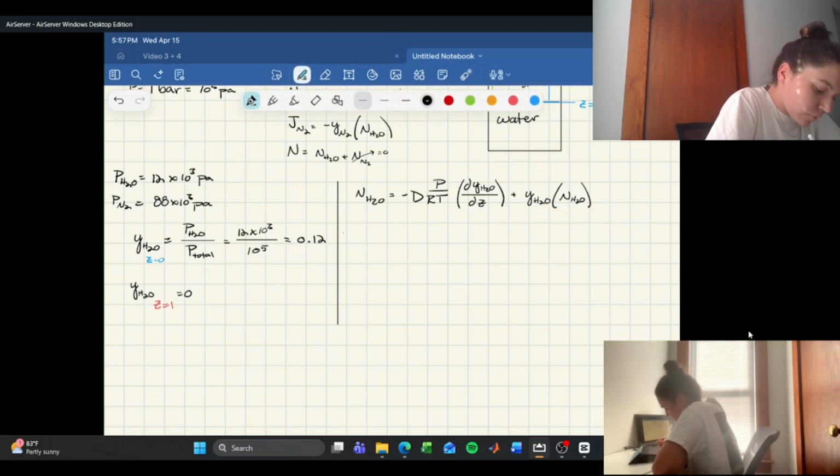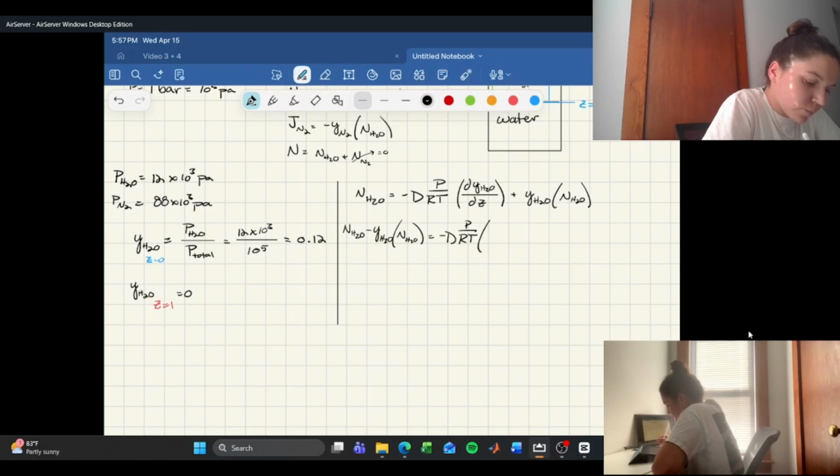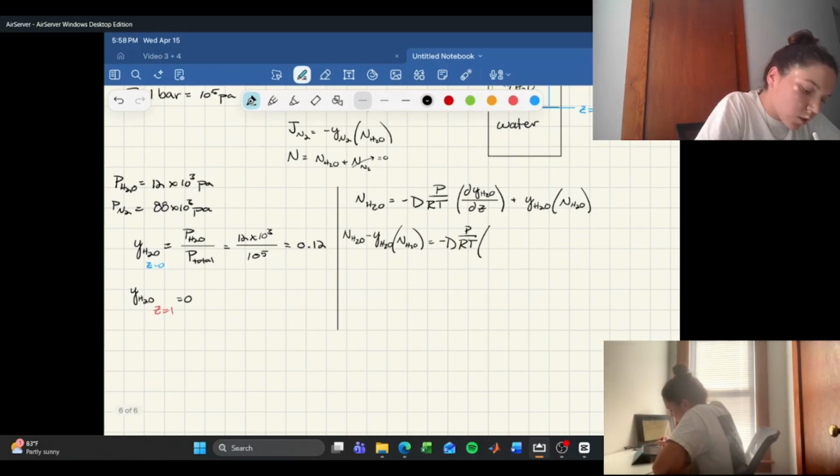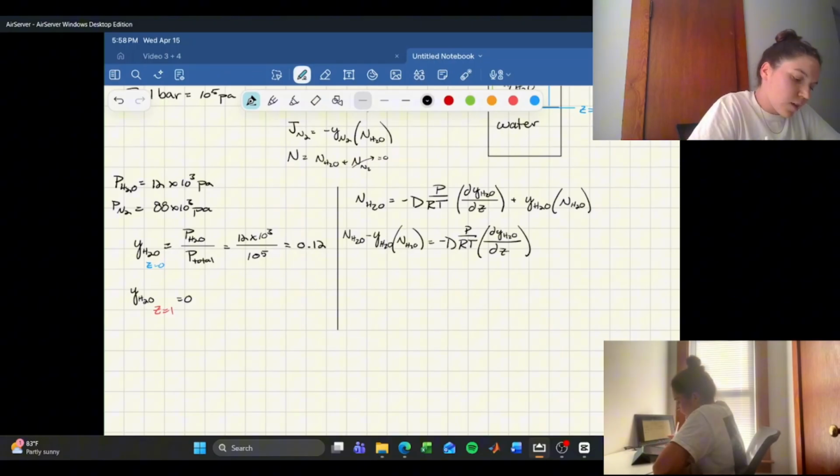I'm going to have flux of the water minus mole fraction of water times the flux of water, still equal to negative diffusion coefficient times pressure over ideal gas constant times temperature times the change in mole fraction of water over change in position.